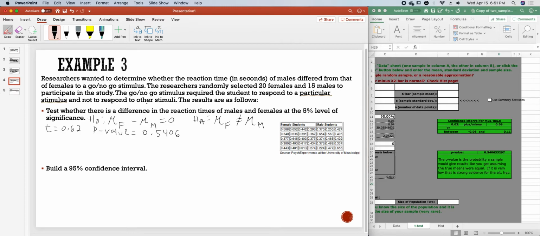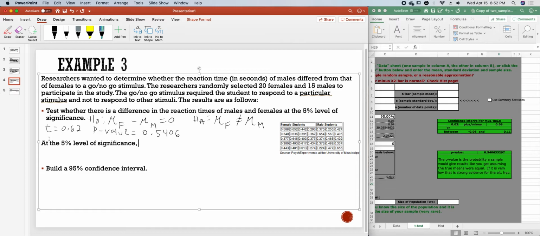And as such, the interpretation of this will be at the 5% level of significance, the p-value is going to be much greater than the level of significance, so we will not have evidence.